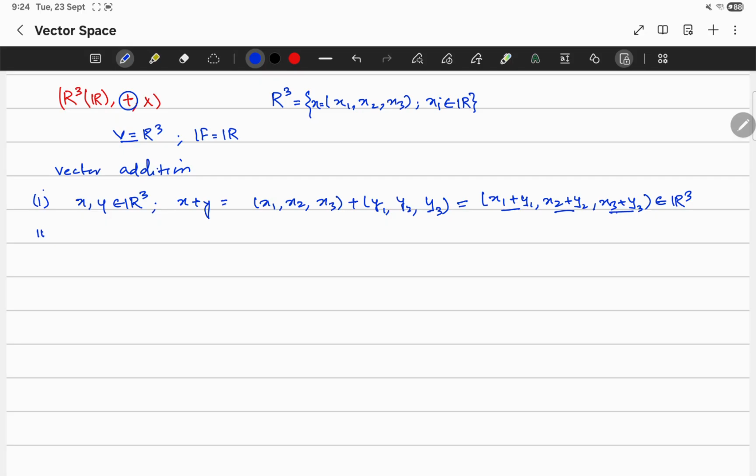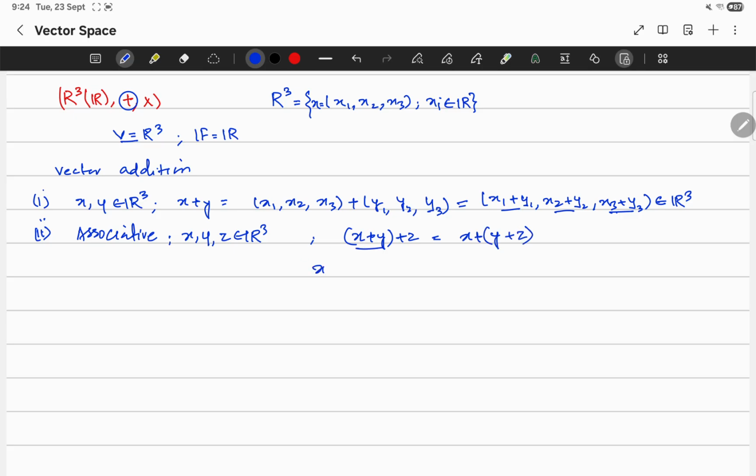Now going to the second property, that is the associative property. For the associative property, you are taking three elements. Let's say we have x, y and z from the R3. You have to prove that (x plus y) plus z is equal to x plus (y plus z).